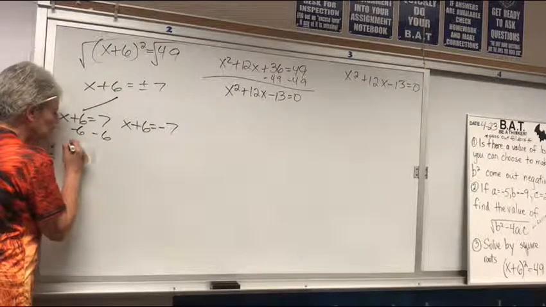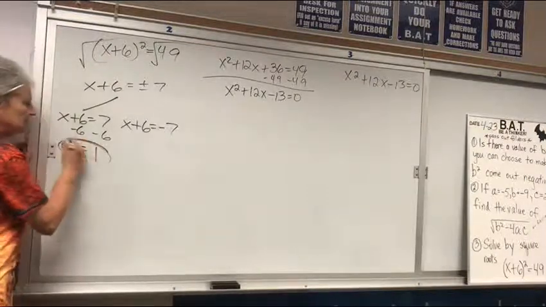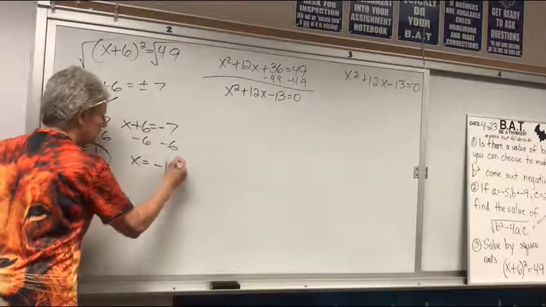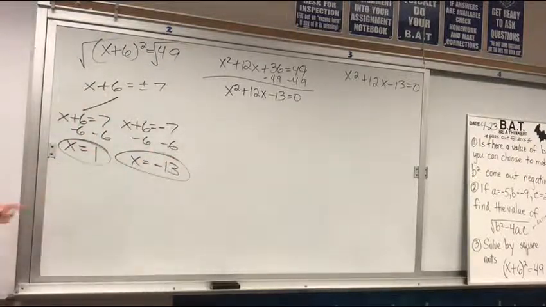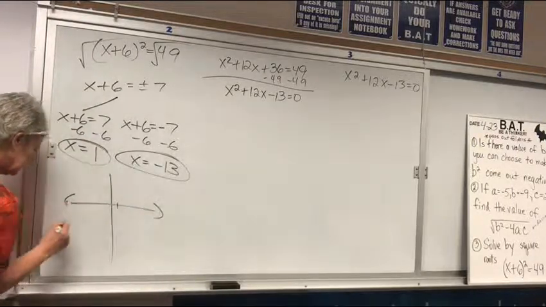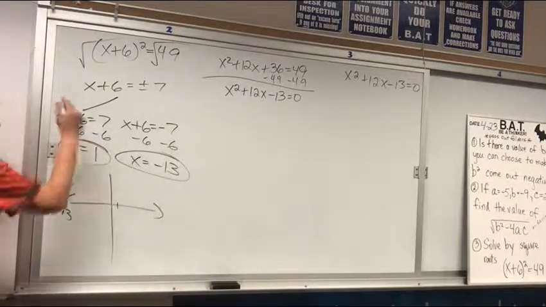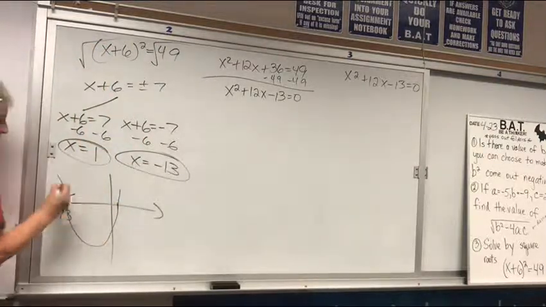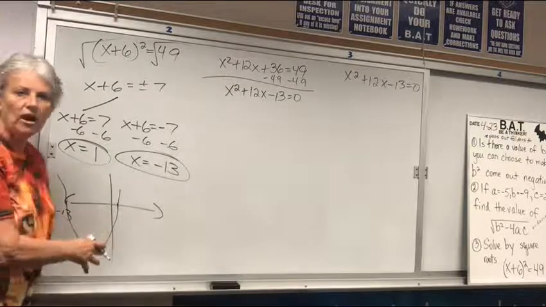So your solution is 1 and negative 13. Those are your solutions. That means we got some crazy parabola that goes this way, we don't know how far down, through negative 13 and 1.